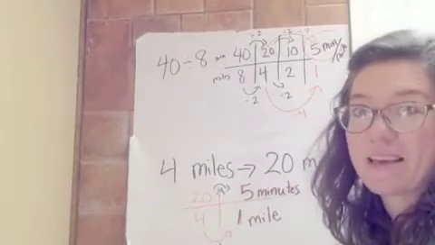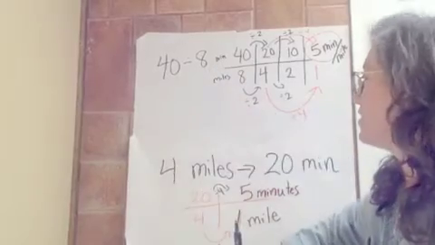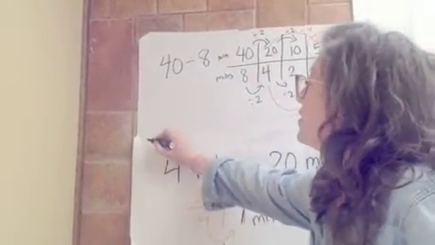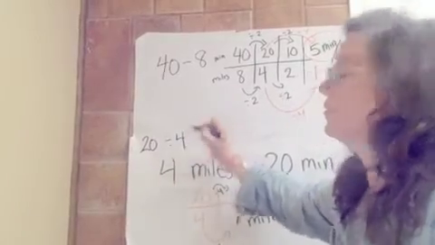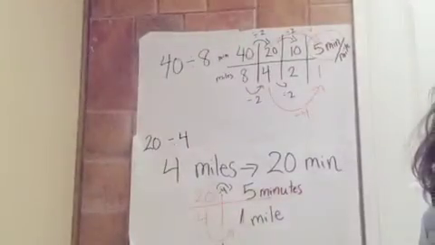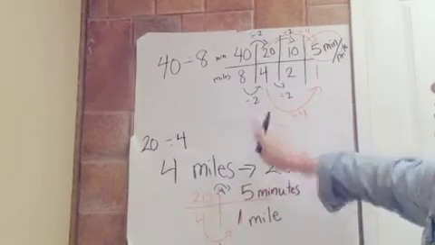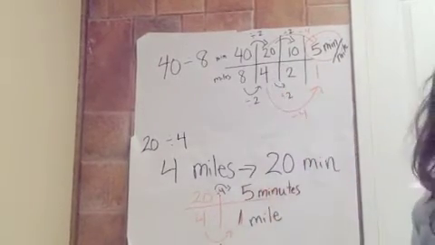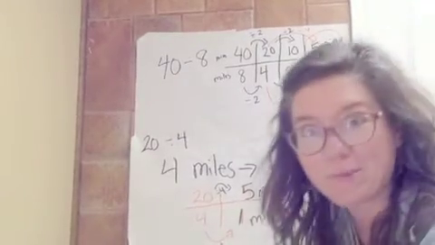Right? It's the same thing. It's an equivalent fraction. So 40 divided by 8 and 20 divided by 4, right, are going to give us the same answer. And we can see that on our ratio tables. We can see that connection. Just important to note.